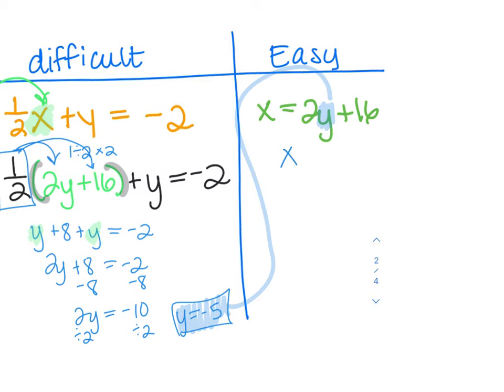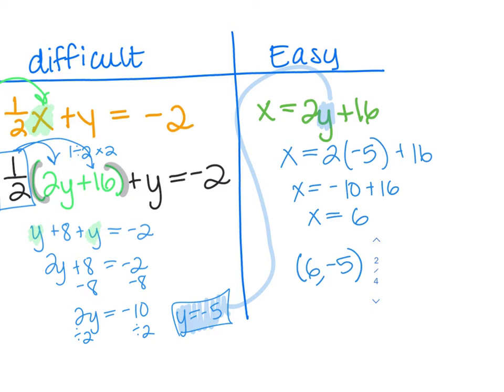So we'll find that value for x by going x equals 2, replace our y with -5 in parentheses, and add 16. So we got x equals, again, use your calculator if you can't do that in your head. And again, if we add these two together, we get 6. So our ordered pair is 6, -5. That is where the two lines cross.